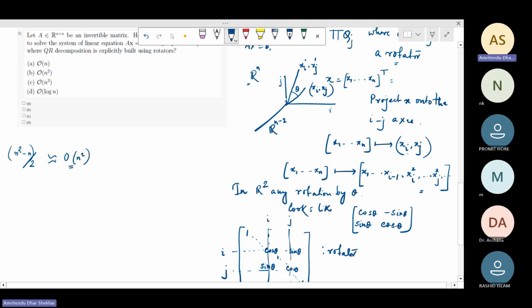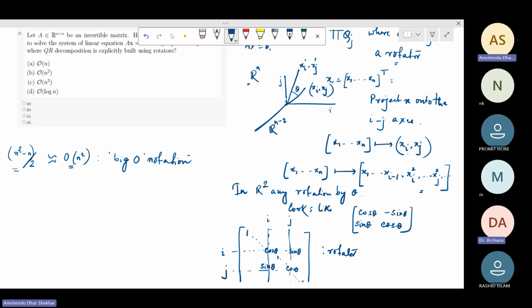No. The notation is called the big O notation. In big O notation, if your complexity is some polynomial in n, then you look at the highest degree of that polynomial, and that is your complexity.